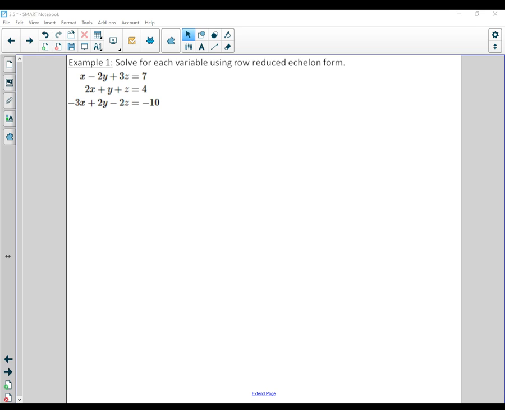So, in my calculator, I'm going to go to second matrix. I'm just going to edit my first one. This is going to be a 3 by 4.